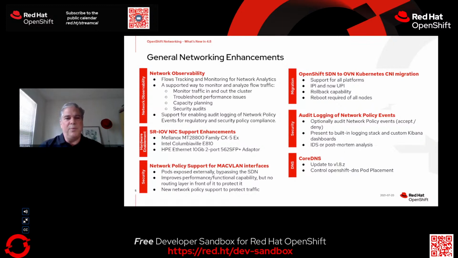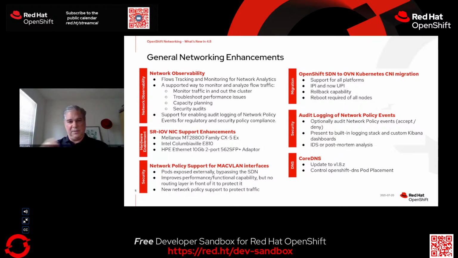Lastly, there's been a couple of product updates within OpenShift Networking. CoreDNS, we updated it to version 1.8, and this is going to include a number of feature enhancements and bug fixes. With 1.8, we also provide the ability to control OpenShift DNS pod placement.